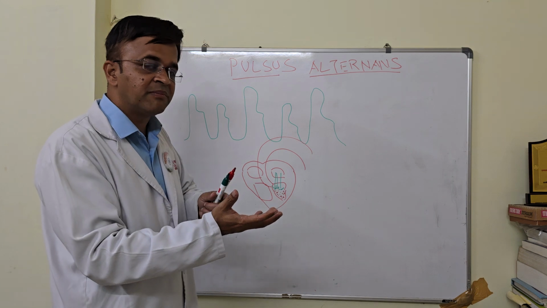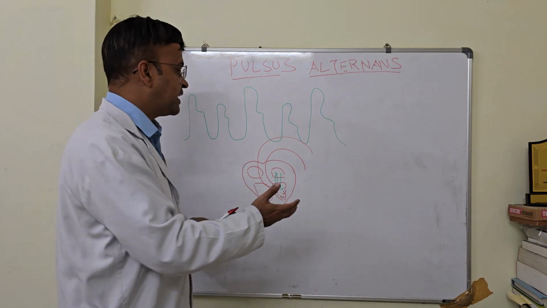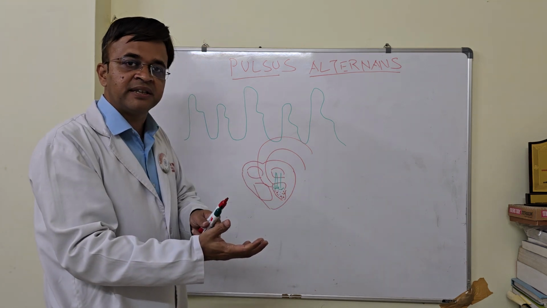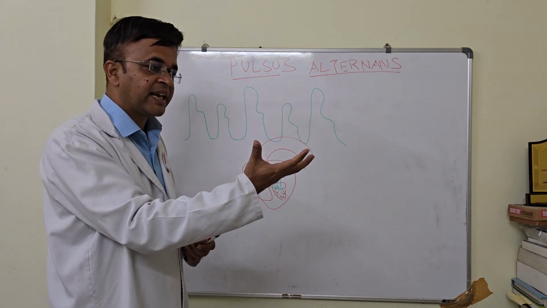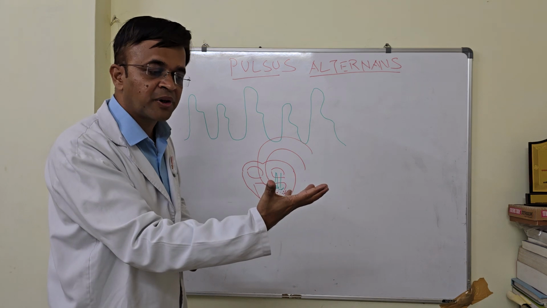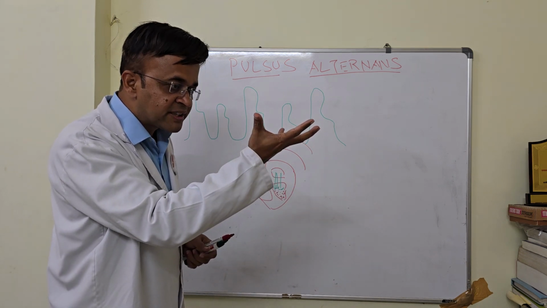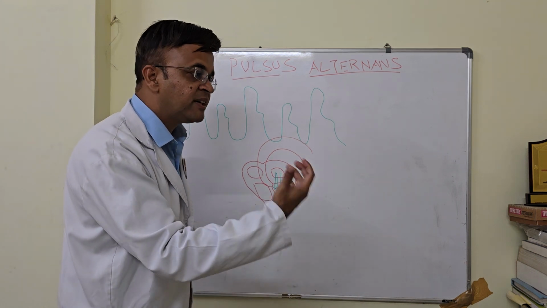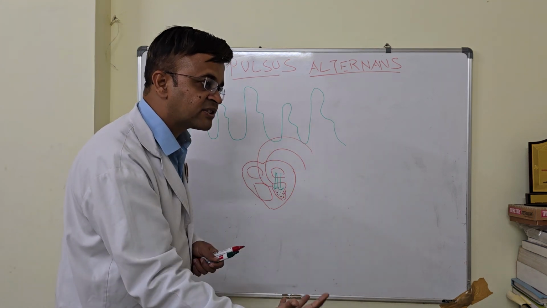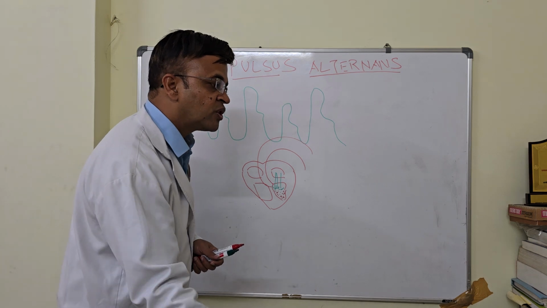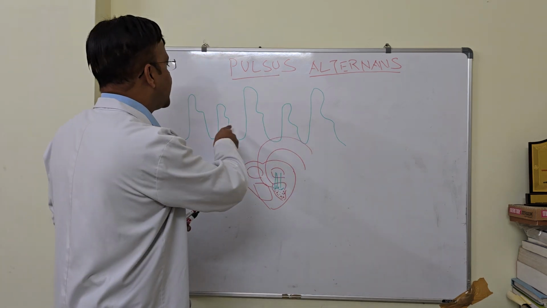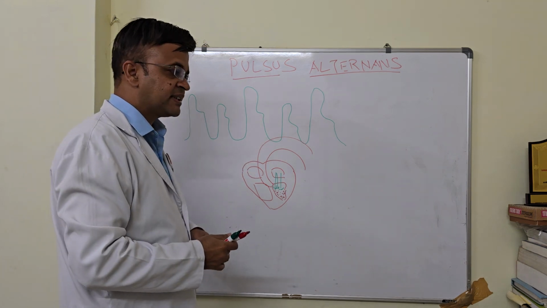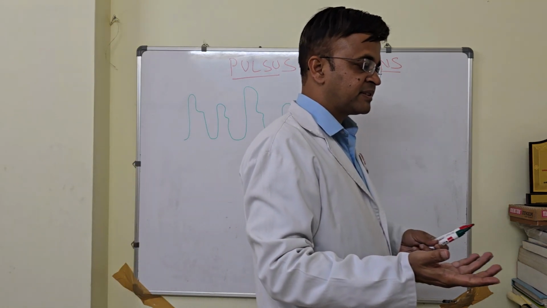Because some blood is still remaining inside the ventricles and you get extra blood from the atria, the ventricles will again get filled properly. Because of this extra filling, the ventricles are going to expand, and again Frank-Starling law, because of this extra expansion, it is going to contract forcefully, and you will again get a high volume pulse.